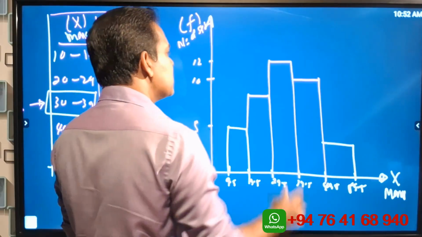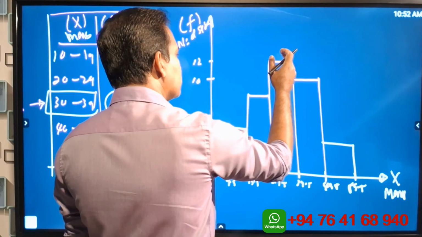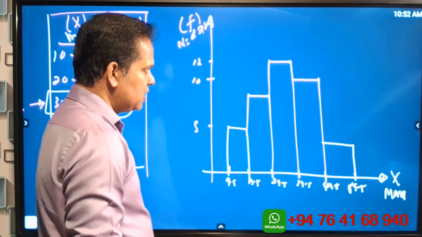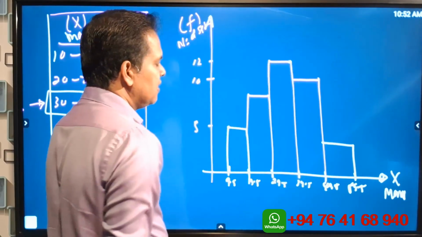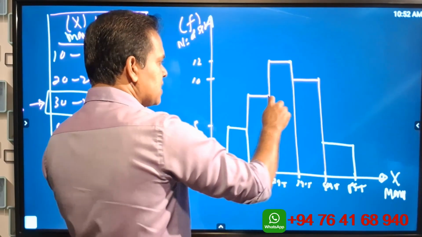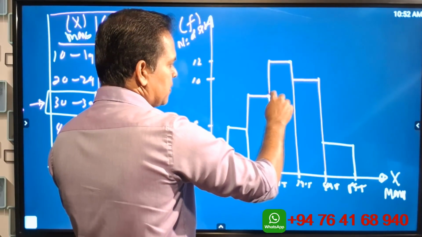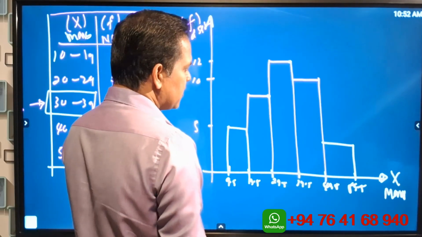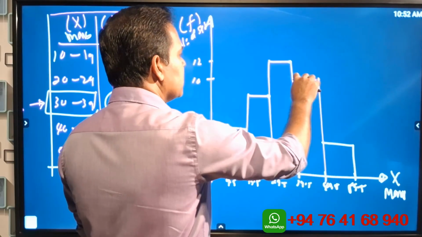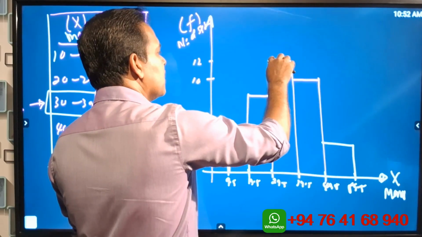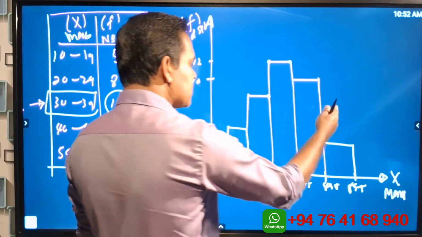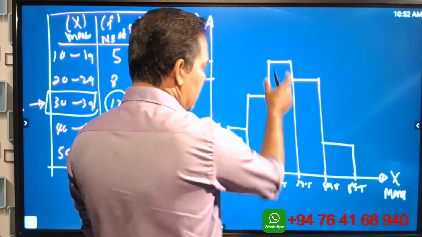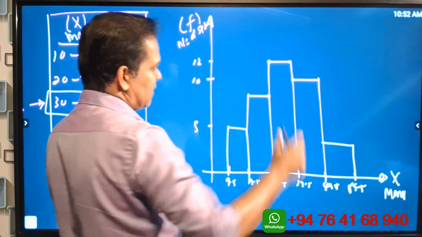Consider the right upper corner of this highest rectangle, and consider the right upper corner of the pre-highest rectangle, and now consider the left upper corner of this rectangle, and the left upper corner of the post of this highest rectangle, that is this rectangle.